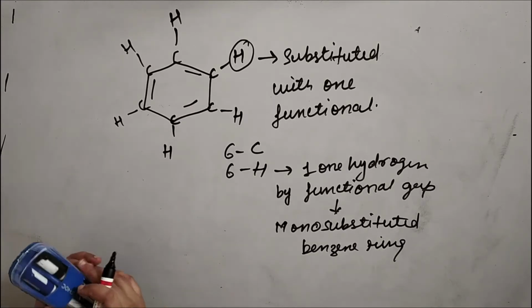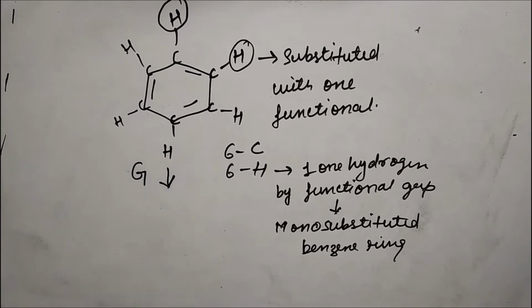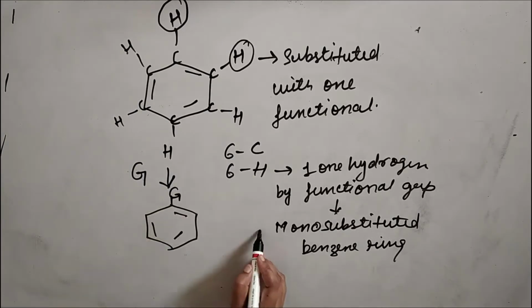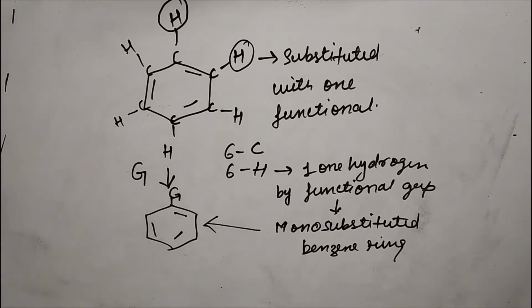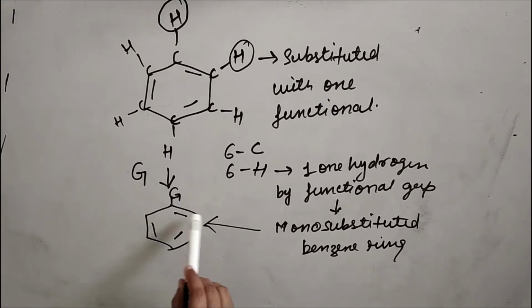Let's see if we replace this hydrogen with G. G can be any functional group. So this structure becomes a monosubstituted benzene ring. In this topic, we are going to study the effect of the monosubstituent on substitution at other positions in the benzene ring.